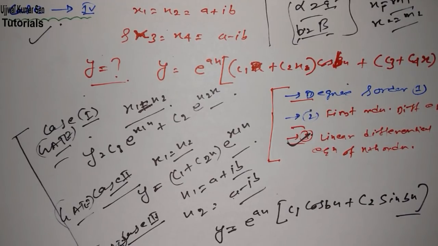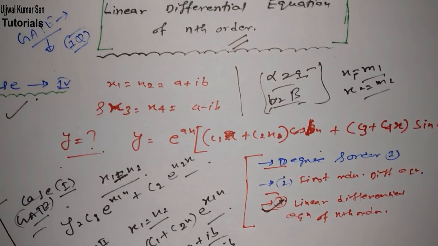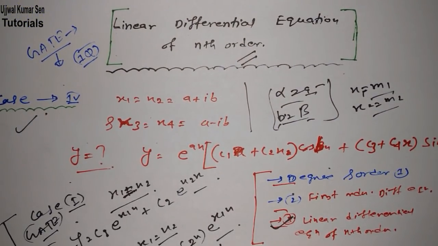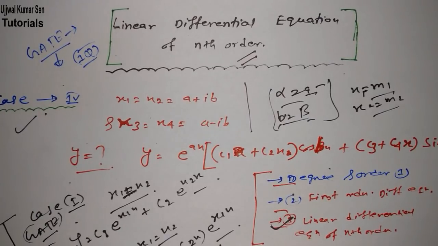So till now we have studied three topics. These three topics are most important, but the important ones are case 1, case 2 and case 3. These three cases are most important. Alright. So in general, we get 2 to 3 questions. At least one question we get from linear differential equations, and that one question can come from the nth order of linear differential equations.